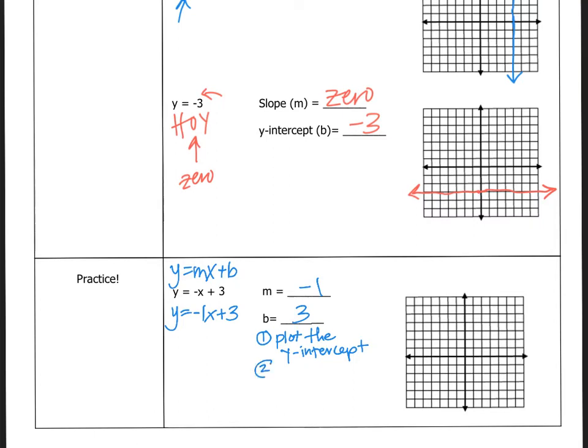And then your second step is to use the slope to plot more points, because you want to make sure that you have at least 3 points. Okay, so first let's go to the y-axis and we go to +3. So we've got 1 point. Now we're going to use our slope to plot more points. Okay, so slope is rise over run.